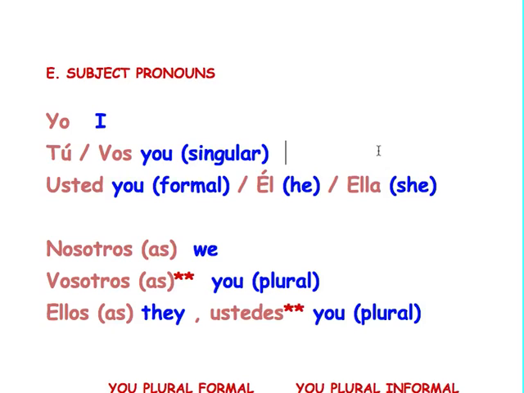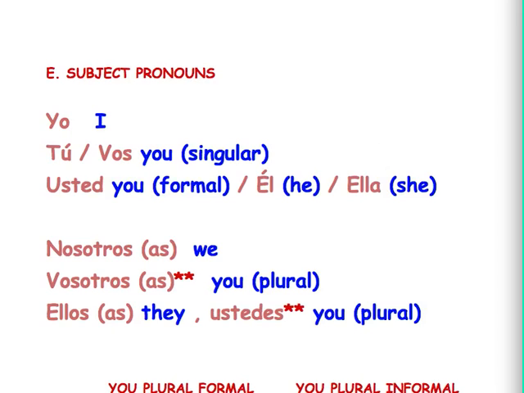Nosotros, nosotras, so nosotros is masculine, and the feminine equivalent is nosotras, for we. Vosotros, vosotras, you plural, and ellos, ellas, they, and ustedes, like you plural.